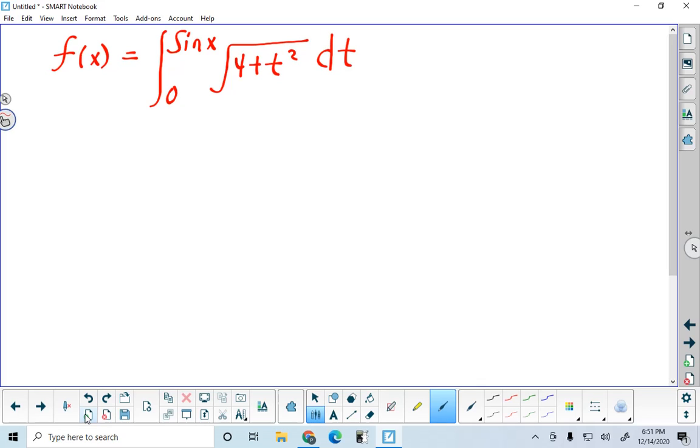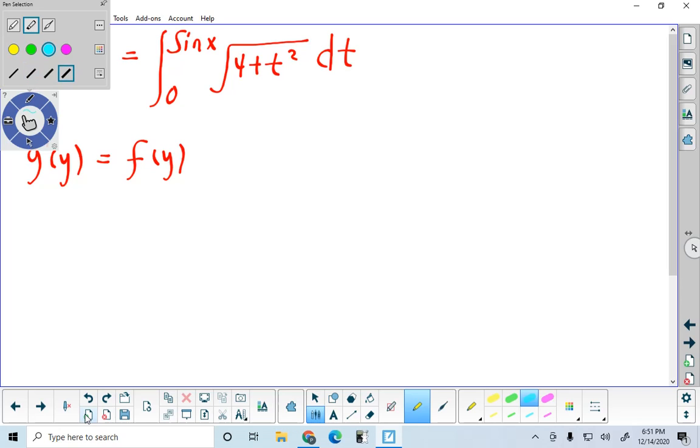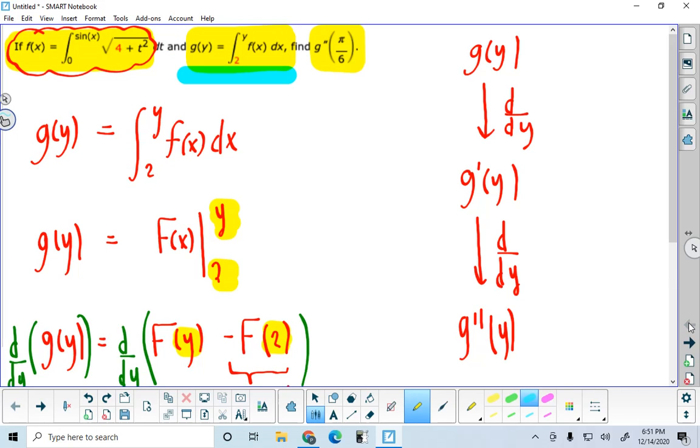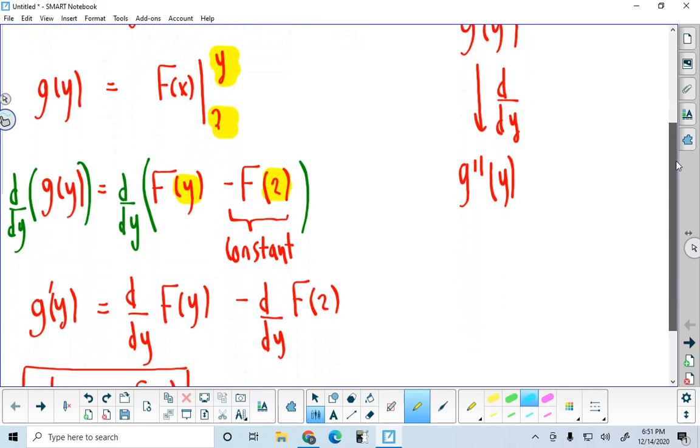And we know that g prime of y, we just figured out that g prime of y is f of y. That's what we concluded on the previous page. This statement here that I'll highlight for you is the conclusion that we arrived at when we started here and went through.